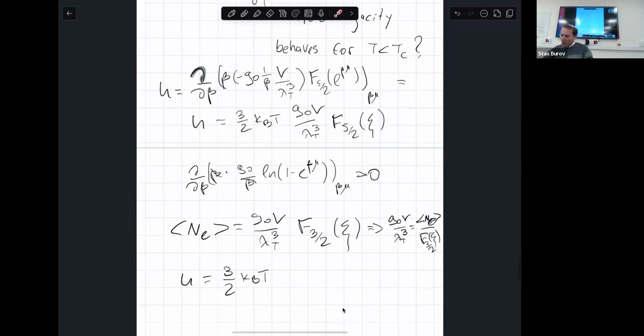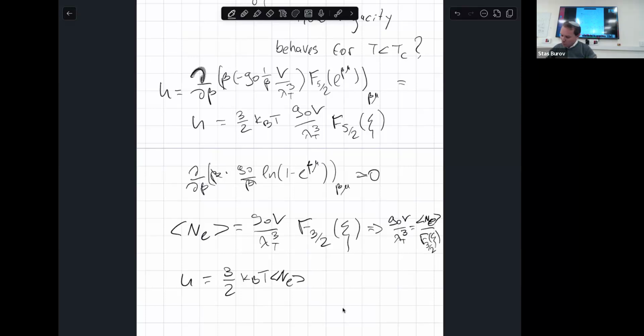Why am I doing that? Because I know what this function converges to below the critical temperature. Fugacity, I don't know how it goes, but the polylogarithmic function of fugacity for temperatures lower than Tc is simply F 3/2 of 1. This is why I'm doing this. Okay? What I have over here is n excited average multiplied by F 5/2 of the fugacity divided by F 3/2 of the fugacity.